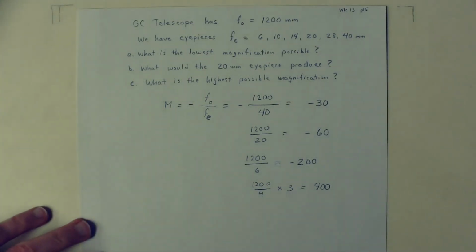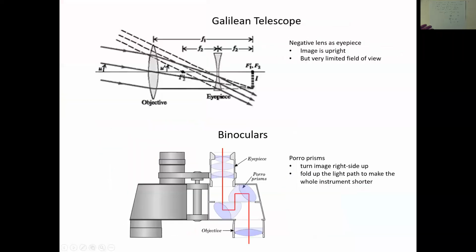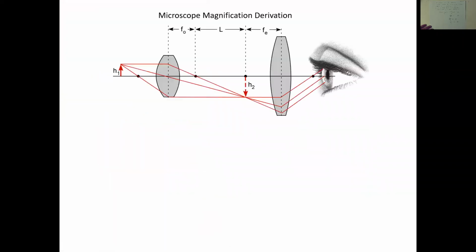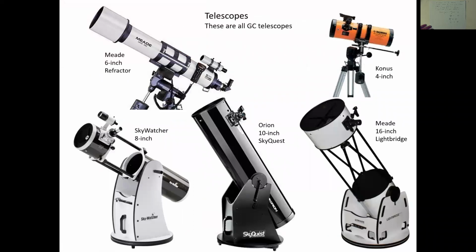Which is why at the beginning when you saw all those different telescopes that I was showing you, I listed them by the diameter of, let's see if I can get back to it here. There we are.